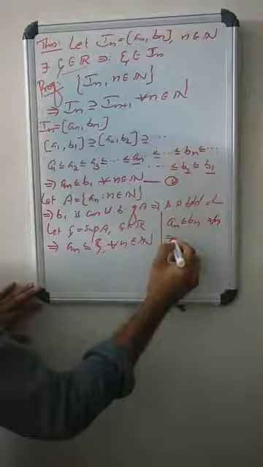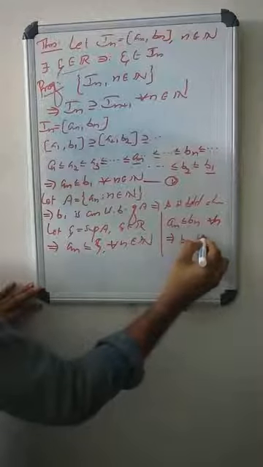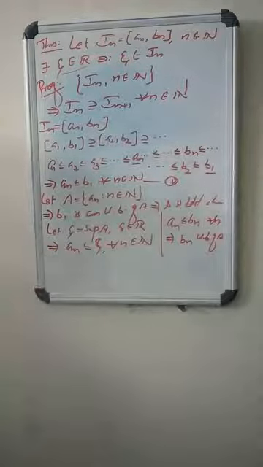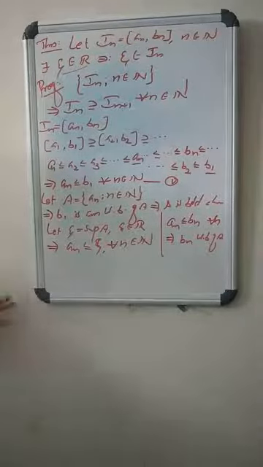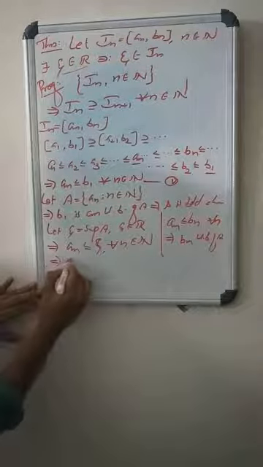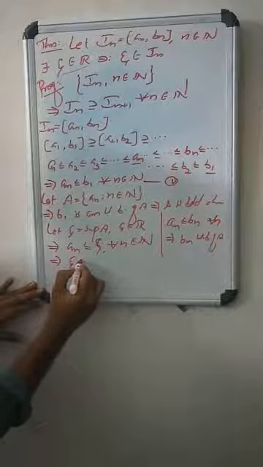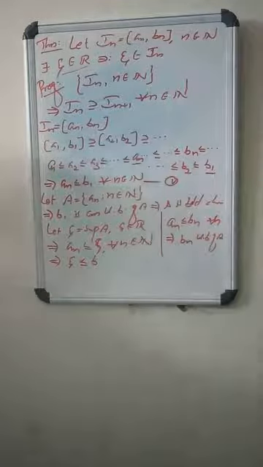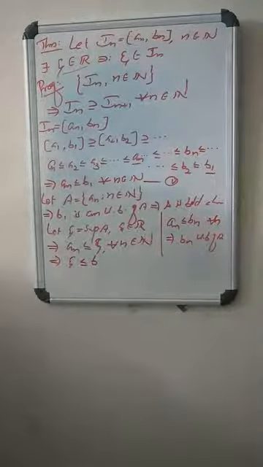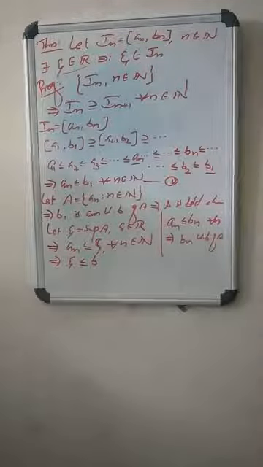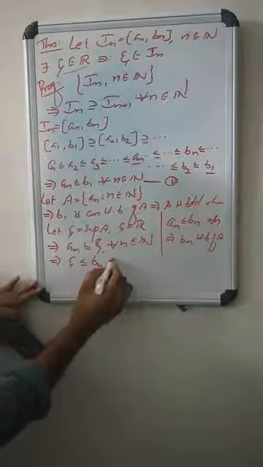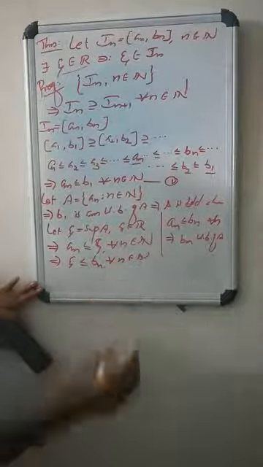That means bn is also an upper bound of A by the construction of set A. Bn is an upper bound of A, and theta is the supremum of A, so theta ≤ bn. Therefore theta ≤ bn for all n in N.